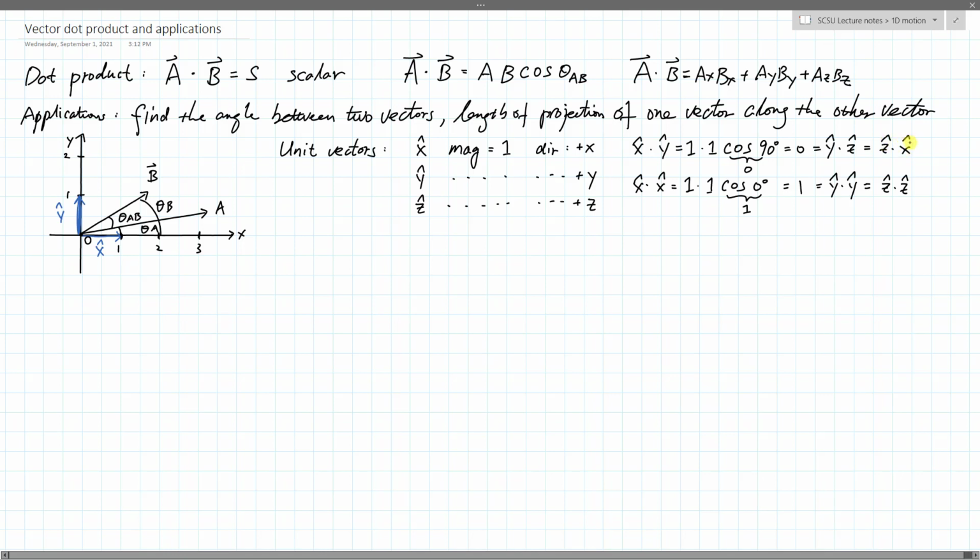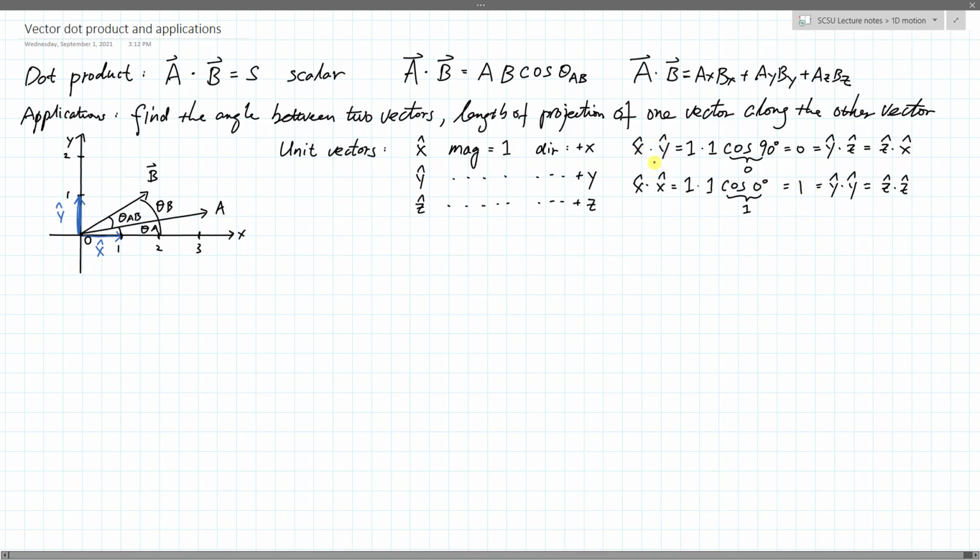It doesn't really matter which one is the first operand, because both magnitudes are here and the angle does not tell you which was first in the dot product. So it doesn't matter if you have y dot z or z dot y. They're the same thing. They're zeros. So now we have some rules of how to calculate a dot product for these unit vectors.